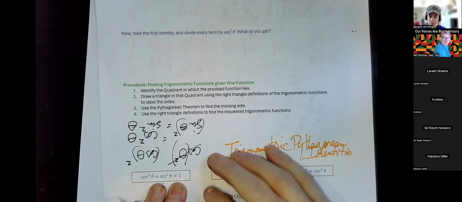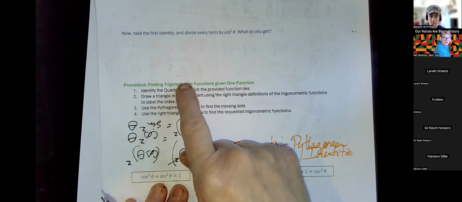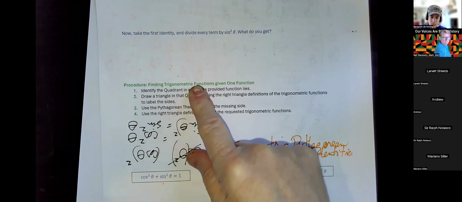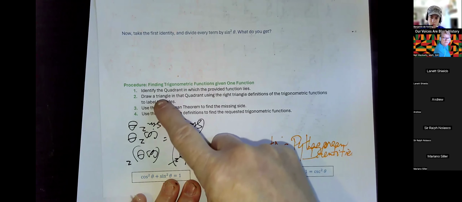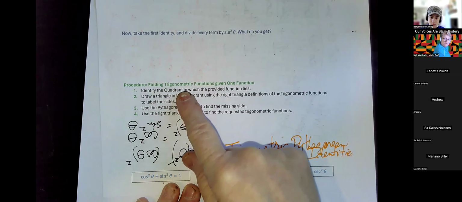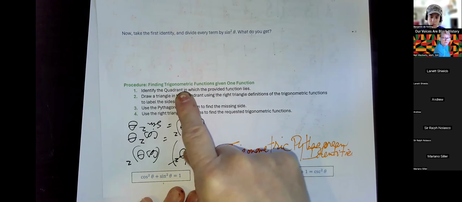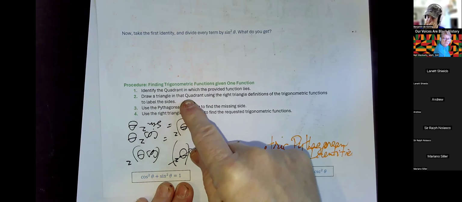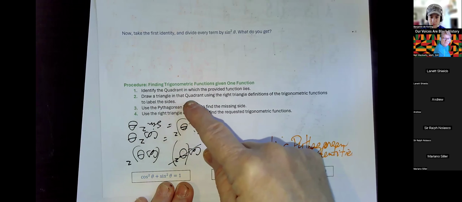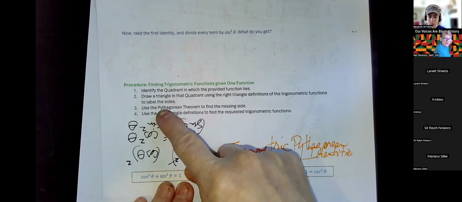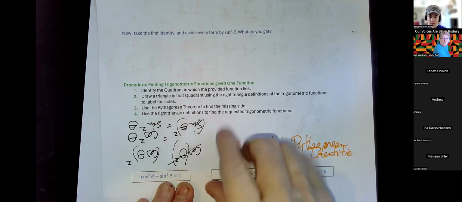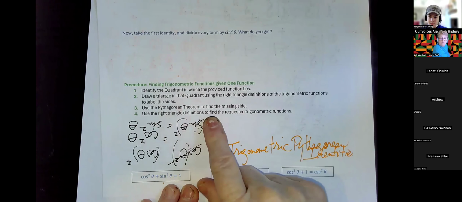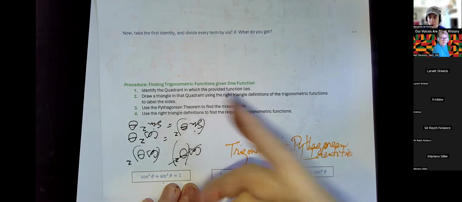So if we're given one of the trig functions and we want to find the others, then we want to identify which quadrant that particular trig function lives in, draw a triangle in that quadrant using the right triangle definitions, use the Pythagorean theorem to find the missing side, and then use the right triangle definitions to go back to what you wanted.